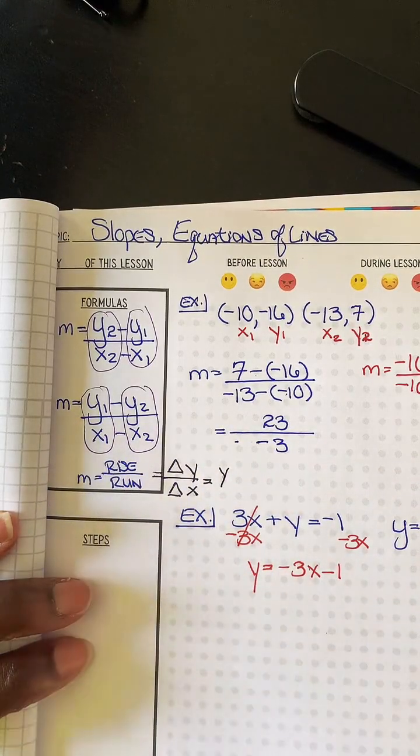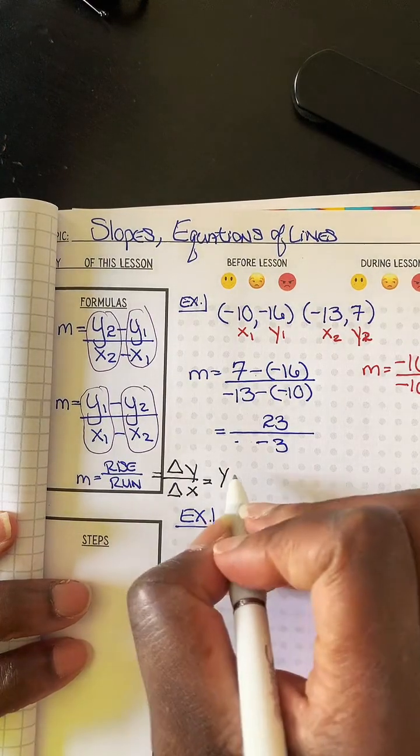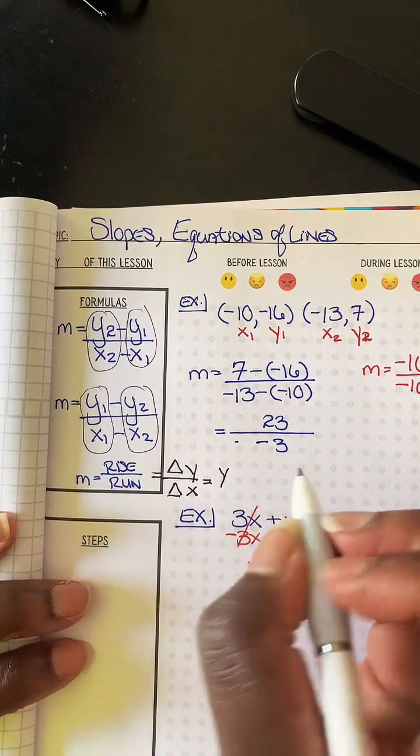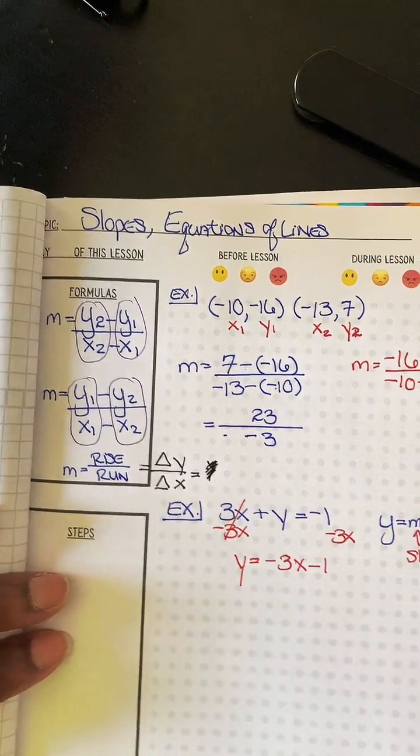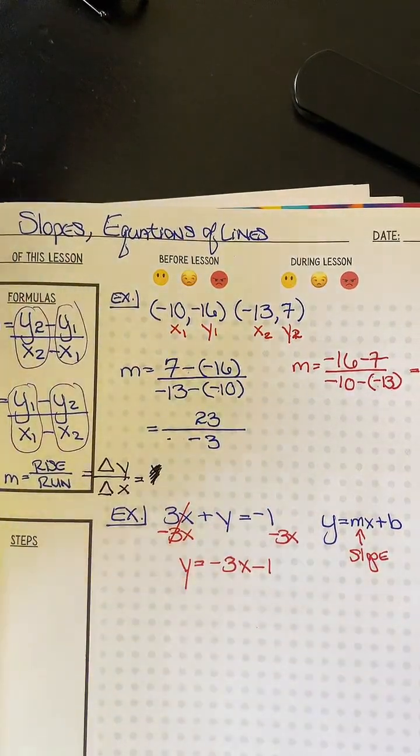You are going to get the same answer. You might have to play around with some positive and negative numbers, but you will ultimately get the same answer.